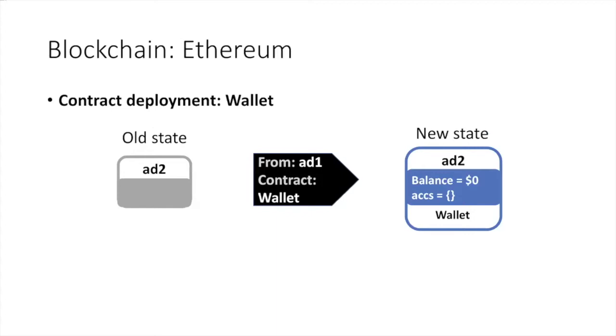One of the things that you can do is deploy a new smart contract. Here, for instance, we could have that address to was unused, and then we issued this contract deployment transaction, and now address to has a wallet smart contract. You can see here that the balance is 0 because we just deployed the smart contract, and the account mapping is empty because no accounts have been created.